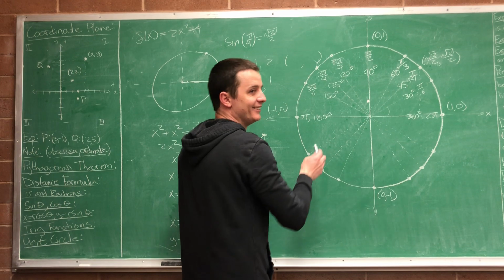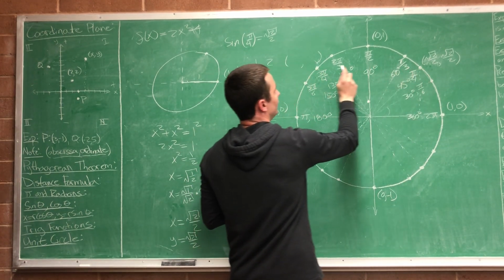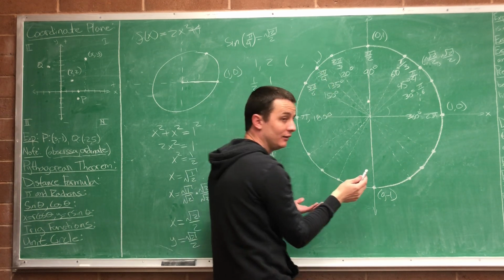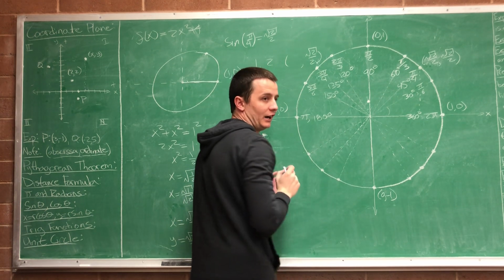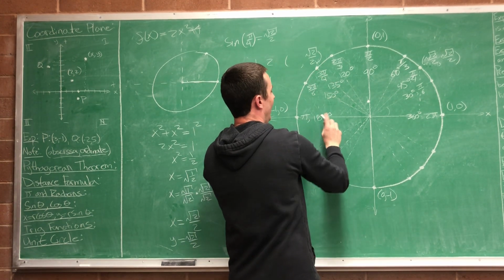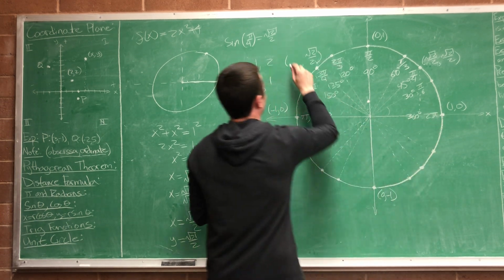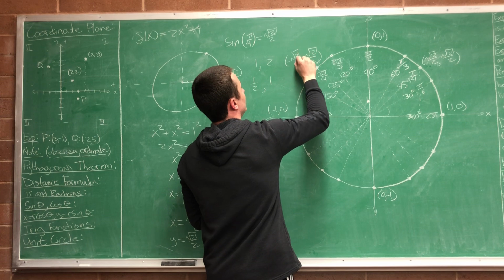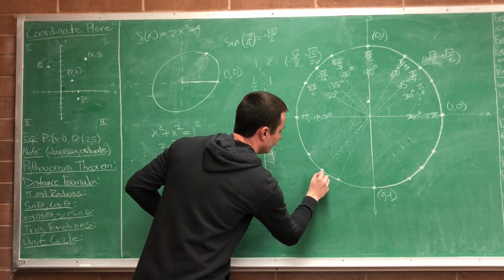Notice that this point is going to be the same height as this point, so their y-coordinate has to be the same. That's root 2 over 2, right? Now, if I were to make this triangle, how does this distance compare with this distance? It's negative. So negative root 2 over 2. Perfect.